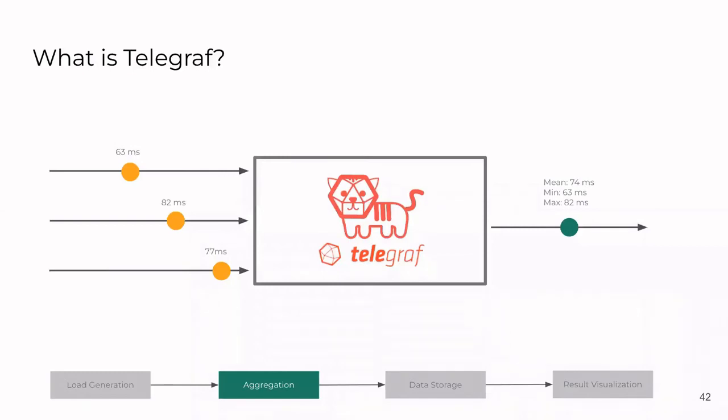Through the use of built-in plugins, Telegraf can filter, transform, and aggregate data as needed. For example, Telegraf's basic stats plugin calculates the mean, min, max, count, and sum of all the incoming data. These metrics were of interest to us for accurately representing the test results as a whole.